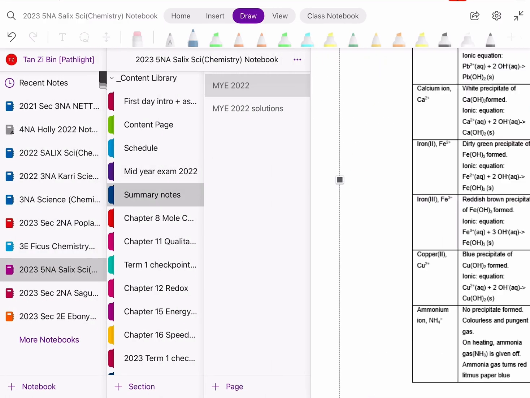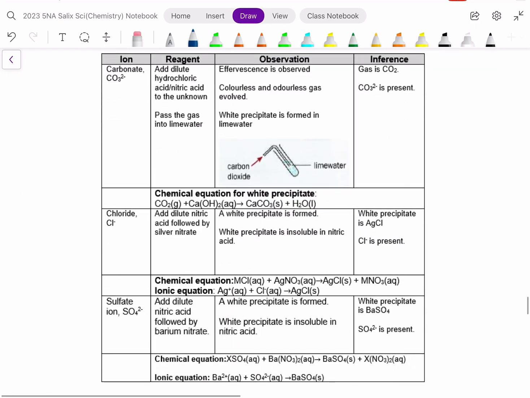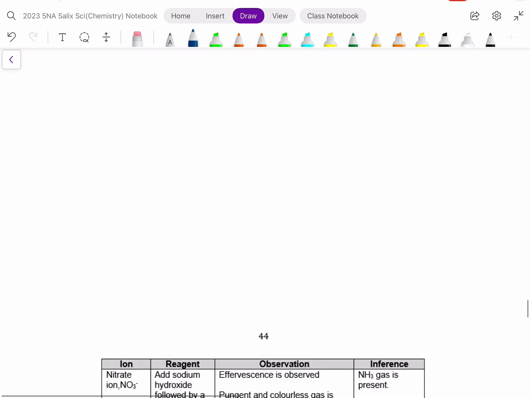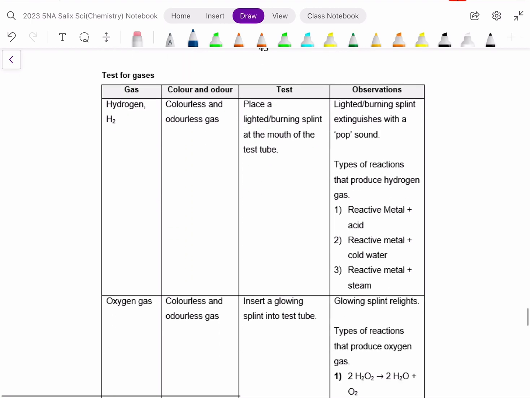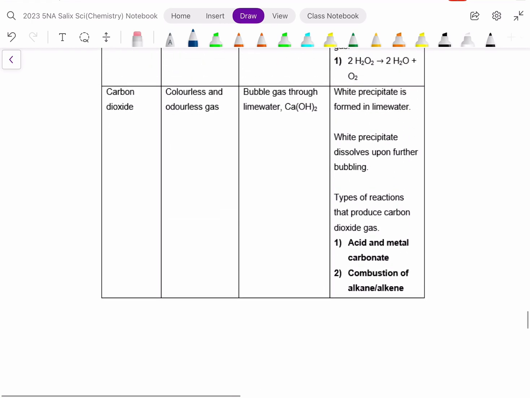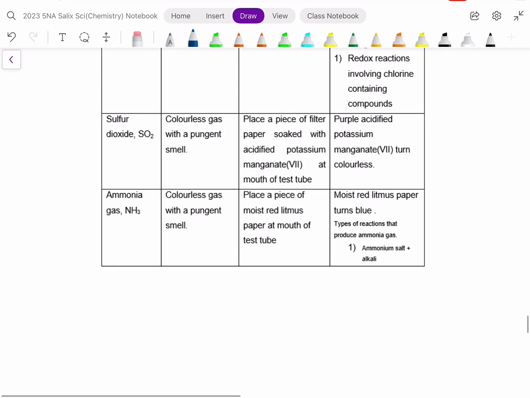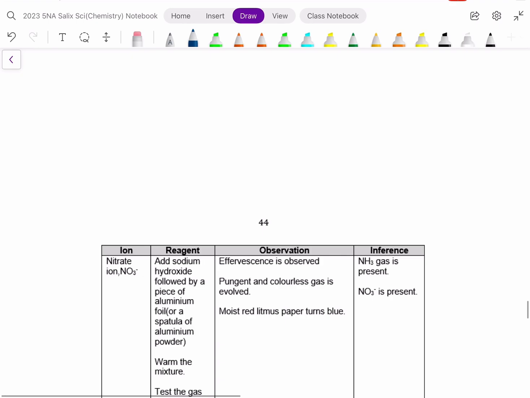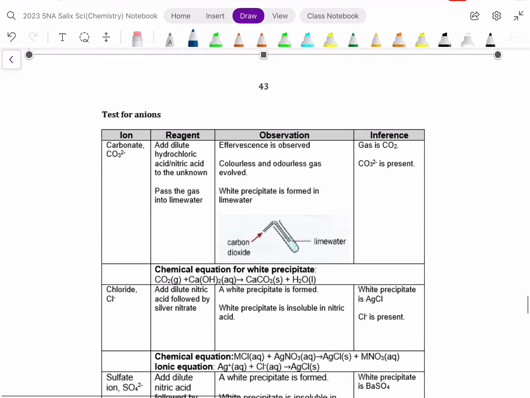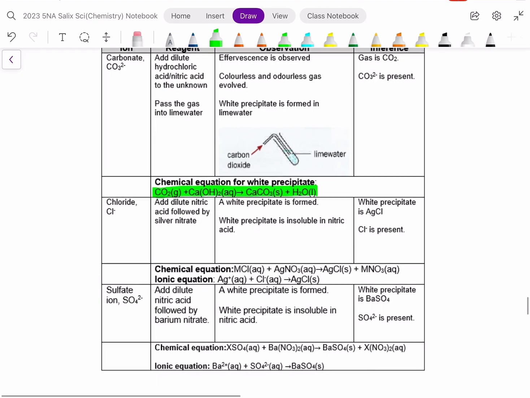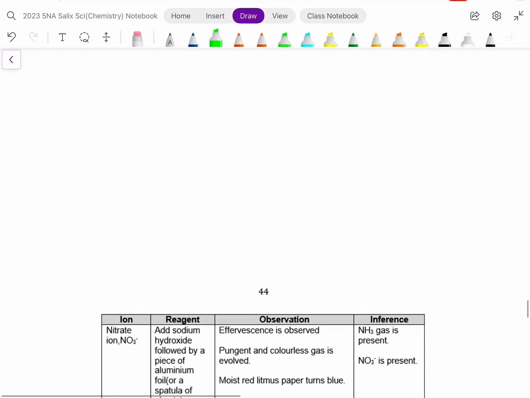Going back to the summary notes, you can have a look at this white precipitate. This is the chemical reaction for the formation of the white precipitate.